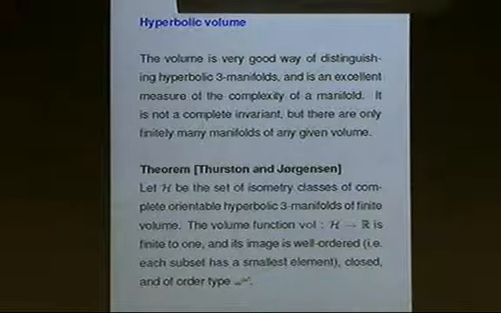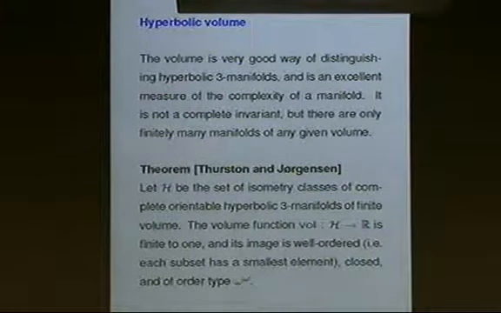If you think about isometry classes of complete orientable finite volume hyperbolic 3-manifolds, then you have a natural function going from these hyperbolic manifolds to the reals where you take the volume. It's got some very nice properties. First of all, it's finite to 1. That's what I just mentioned, this finite number with a given volume.